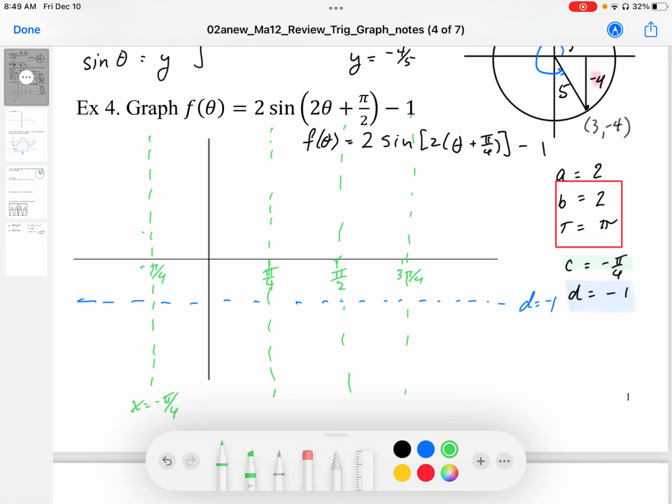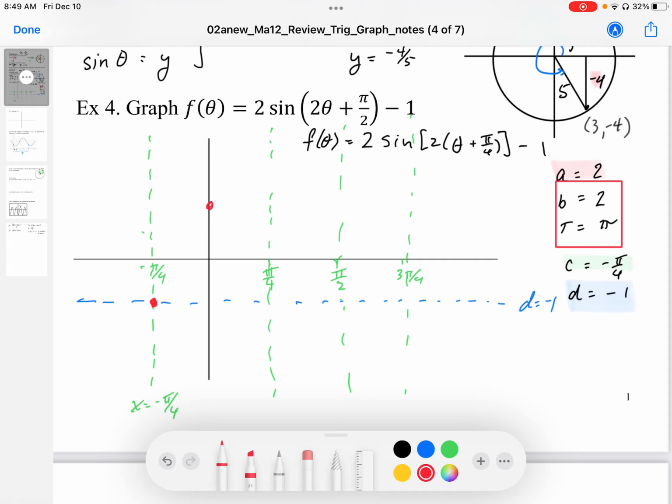Okay, so I've now used my period, my horizontal and vertical shifts. Now I'm going to use my amplitude to draw this in. Okay, so using my amplitude, I'm going to just maybe highlight that in red here. This is a sine function, so I'm going to start in the middle.